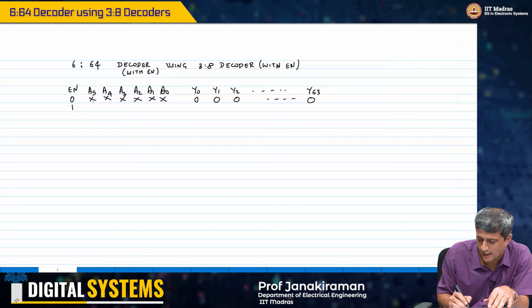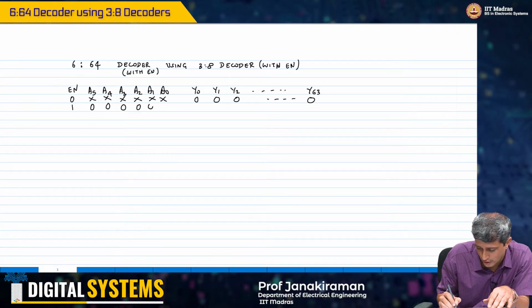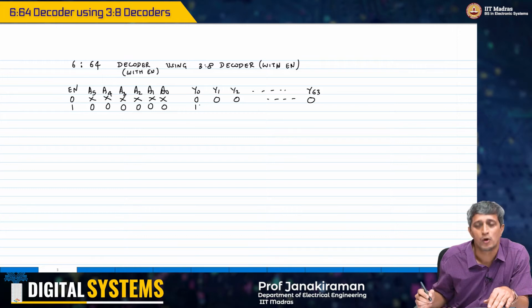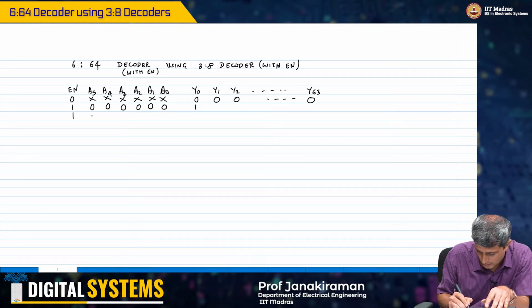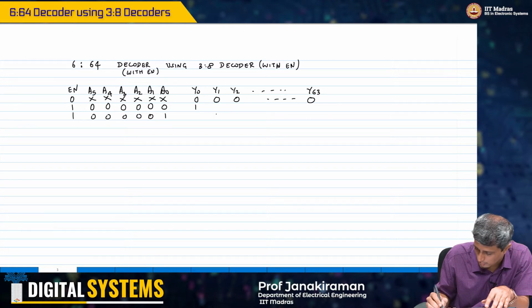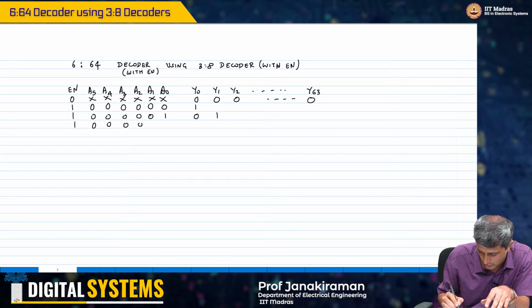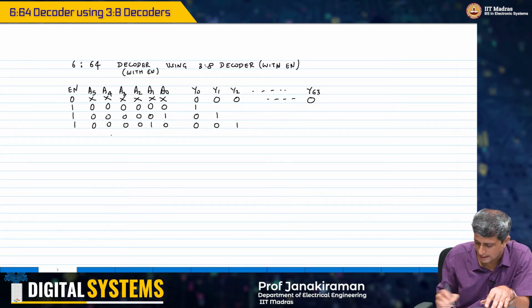A5 is the MSB, so let's say 0 0 0 0 0 0, Y0 will be high, 0 0 0 0 0 1, Y1 will be high, 0 0 0 0 1 0, Y2 will be high, and so on.